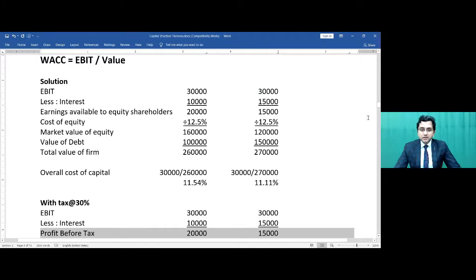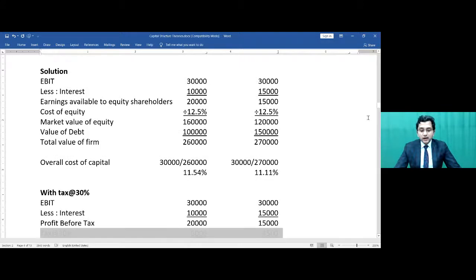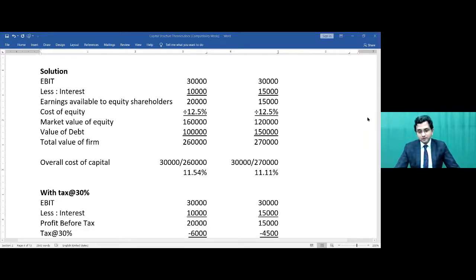But this time I am not getting earning available to equity shareholders, rather I am getting profit before tax, and that profit before tax is 20,000 and 15,000. Now I'll deduct tax at the rate of 30%. So 20,000 into 30% is 6,000. 15,000 into 30% is 4,500.